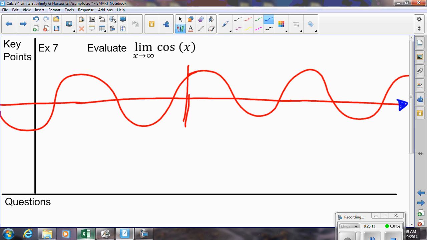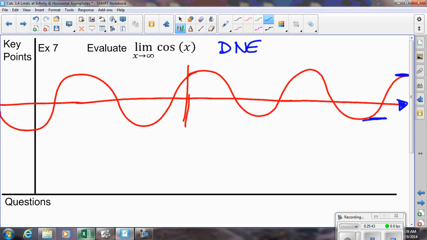It never does, guys. No matter what, it's always going to bounce back and forth between positive and negative 1. But if it never closes in on one single number, we can't say that this limit exists, because it never develops a close-in pattern. This limit does not exist.